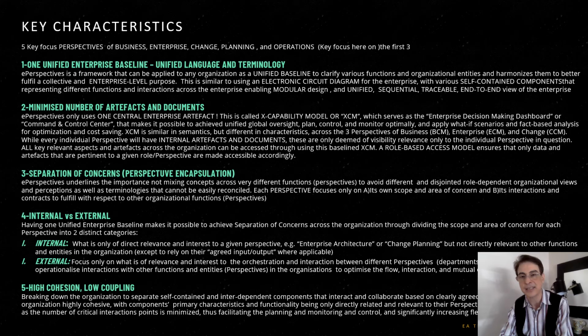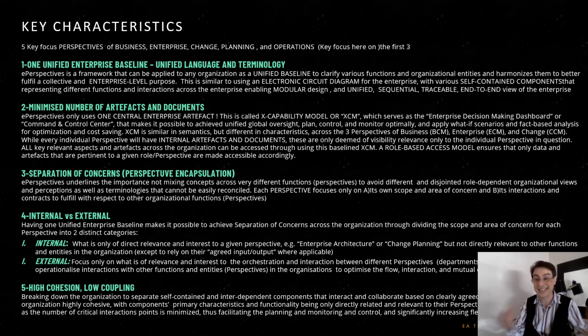And you can imagine that this helps greatly in terms of having better focus and not having things all over the place. This comes from the basic architecture principle of high cohesion and low coupling, which we obviously also see in electronic circuits. As we've covered before, we can replace an electronic component or capability such as amplification in a digital circuit, which is componentized and encapsulated, and separates internals from externals, and has separation of concerns.